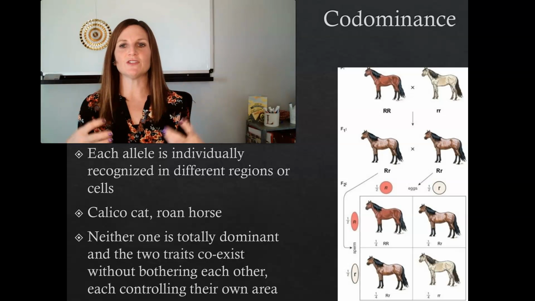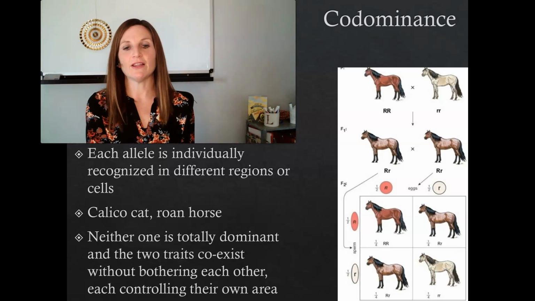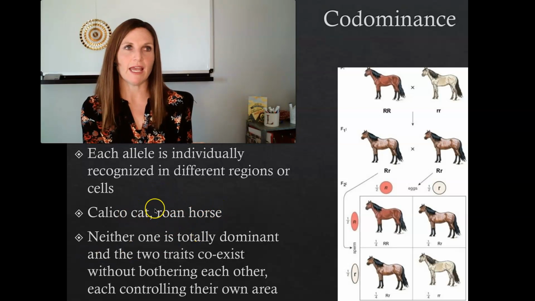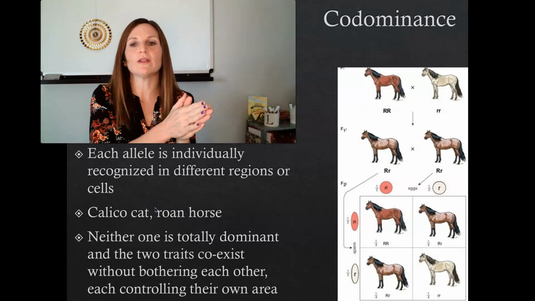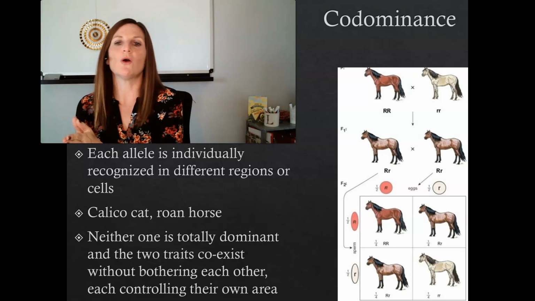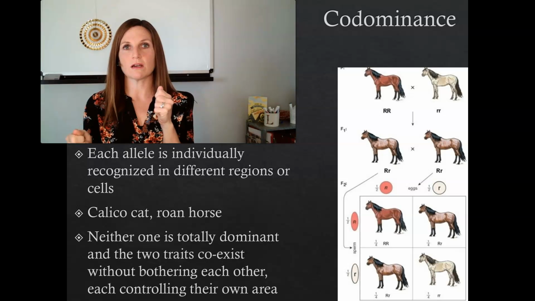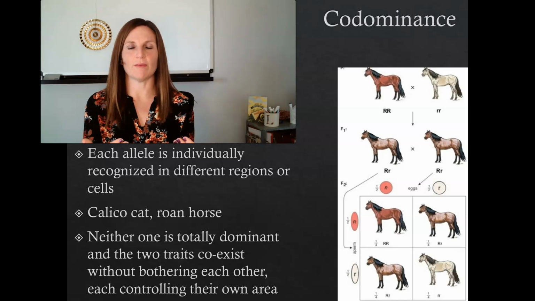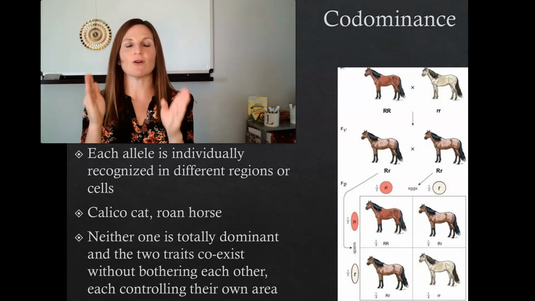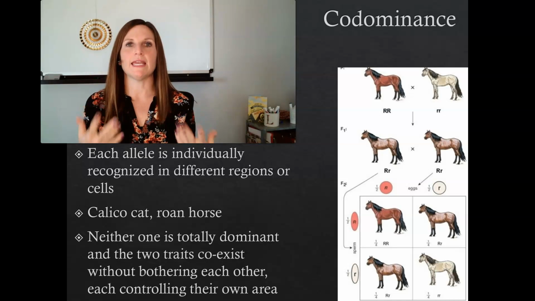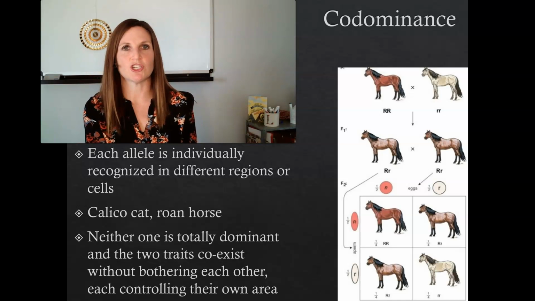For each individual hair on a calico cat or a roan horse, the hair either is totally brown or totally white. So the hair itself is an either or, not a middle. In incomplete dominance, the phenotype is a middle. In codominance, it's either or, and whether you're brown or white is a bit of just genetic chance.